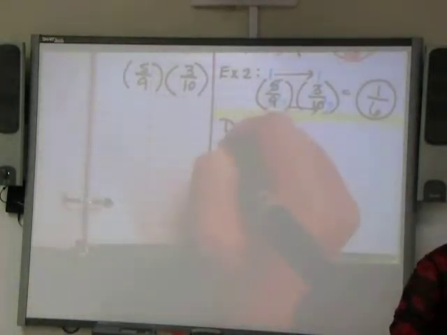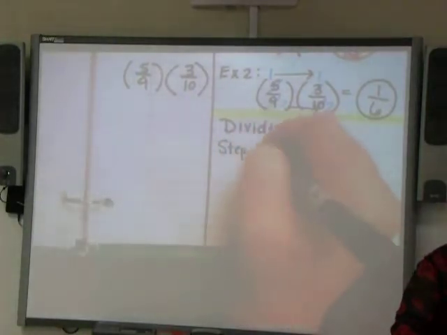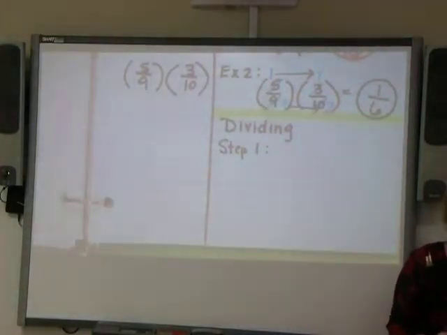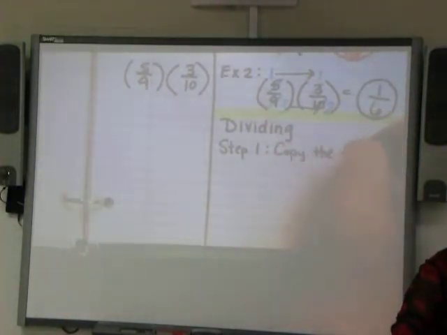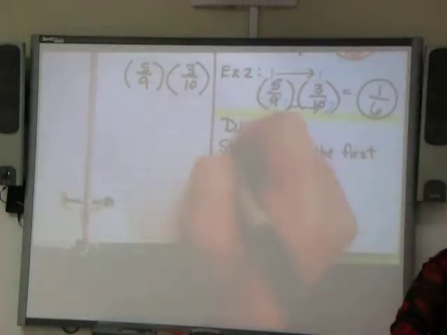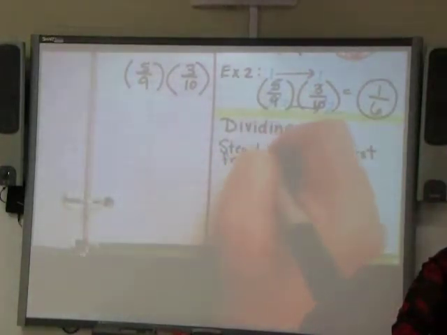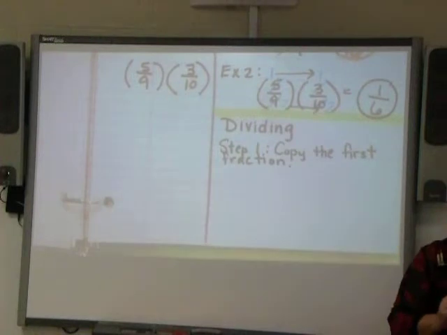Step 1, copy the first fraction. It stays the same.